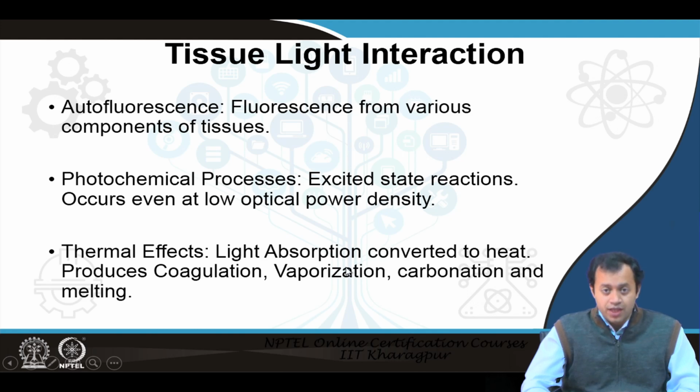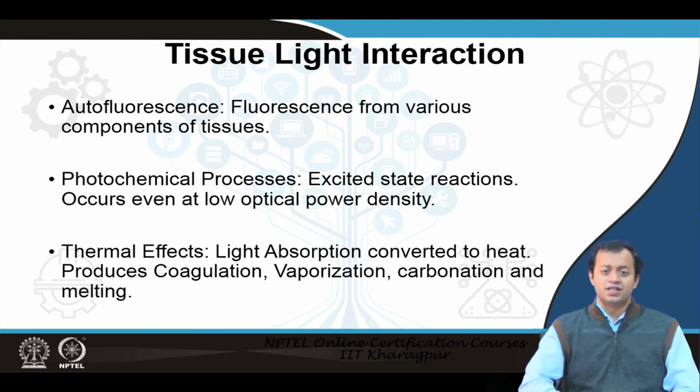The second one is vaporization. Vaporization is where the temperature of the cell or tissue rises to 100 degrees Celsius because of intense laser radiation falling onto it. Vaporization basically converts the water present in the cell or tissue into steam.